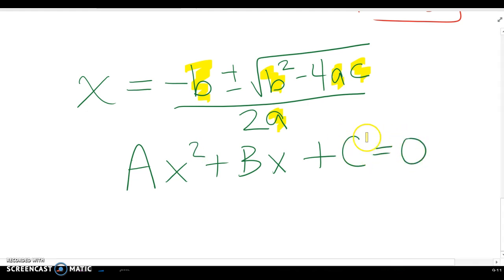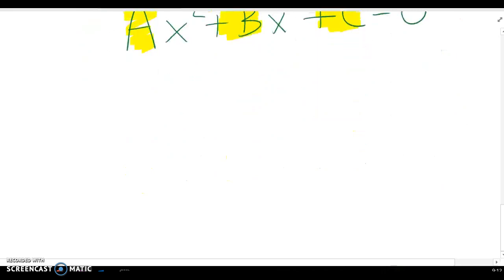So to use the quadratic formula, you still want to get your equation set equal to 0, and then you're going to use the coefficients and the constant as your a value, b value, and c value, and you're going to substitute that into the quadratic formula and solve.